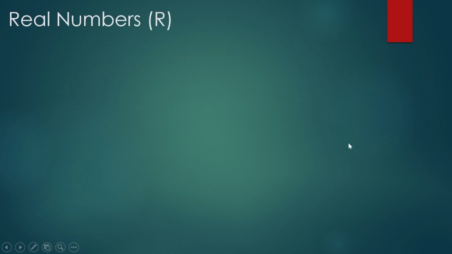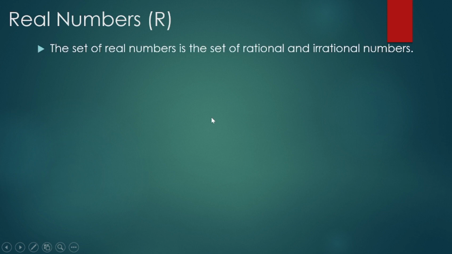Next, the real numbers. So, yung symbol natin sa real numbers ay R. Pero minsan, ang ginagawa nila sa real numbers, meron pa ito ng guhit dito. Yung ating real numbers. Ayan. So, the set of real numbers is the set of rational and irrational numbers.